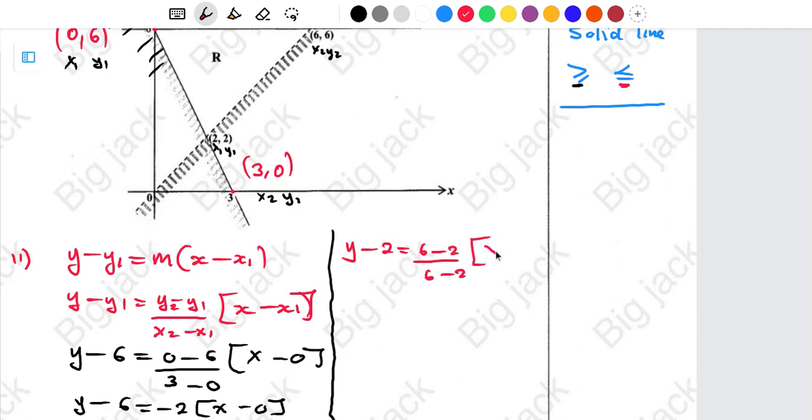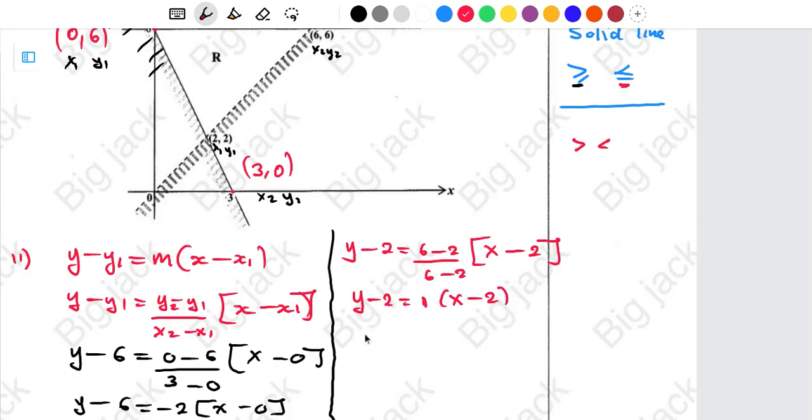Do we have x? We don't have. Do we have x1? We have, which is 2. Just using these numbers here, remember. But remember, this is dotted, so we have to use greater than or less than. So y minus 2 is going to be equal to 6 minus 2, that is 4. 4 divided by 4, that is 1.